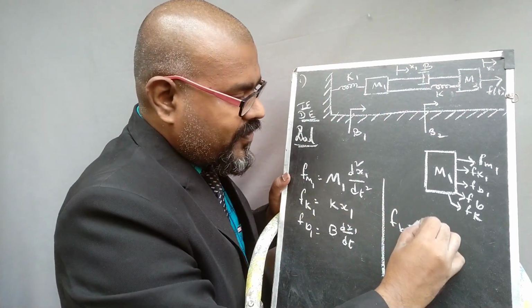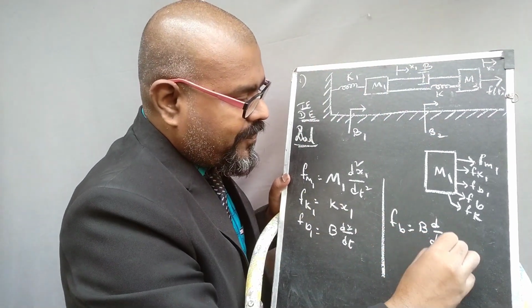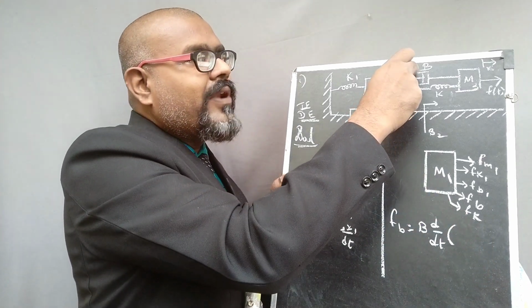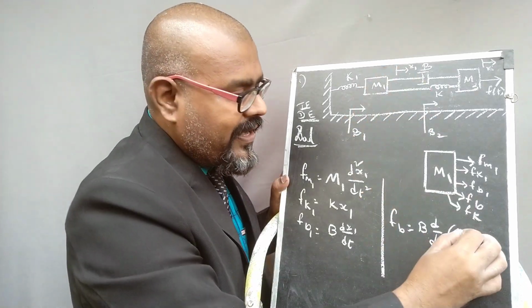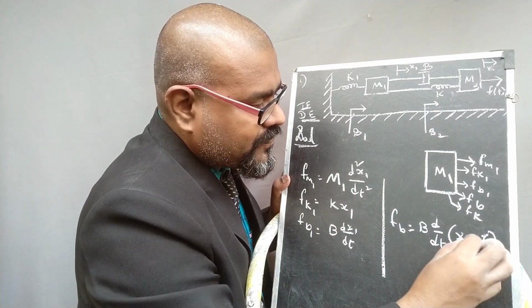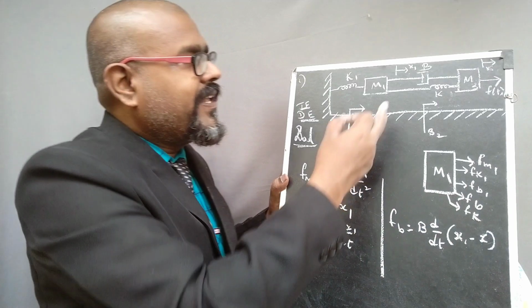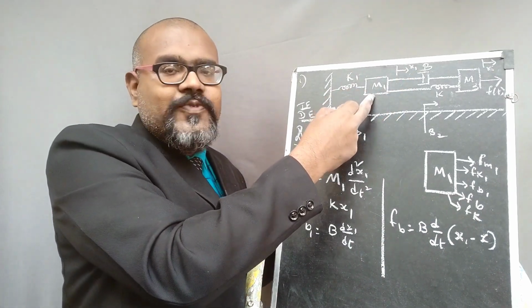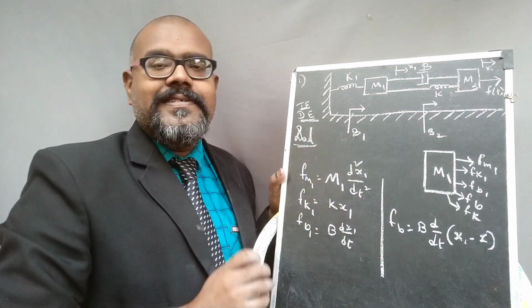So we calculate d by dt into x1 minus x. We calculate only the displacement of this, so we subtract x1 minus x.